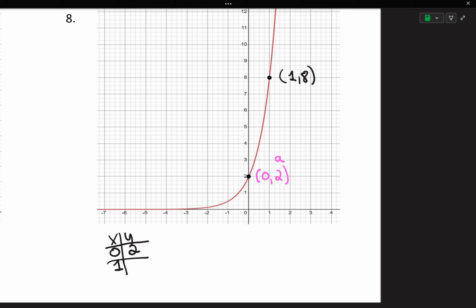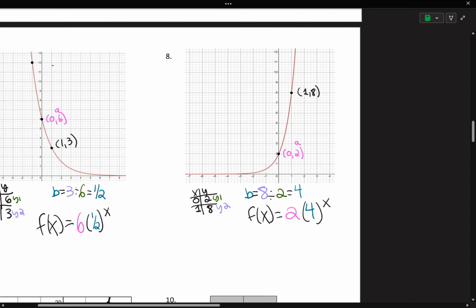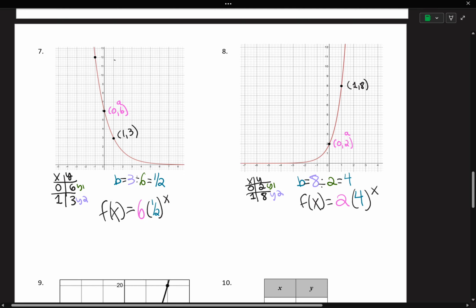So then I have a 2 and then an 8. y1, y2. b is going to equal 8 divided by 2. 8 divided by 2 is 4. So, here's our function. F of x equals 2 times 4 to the power of x. Okay, perfect. Let's move on to 9 and 10.